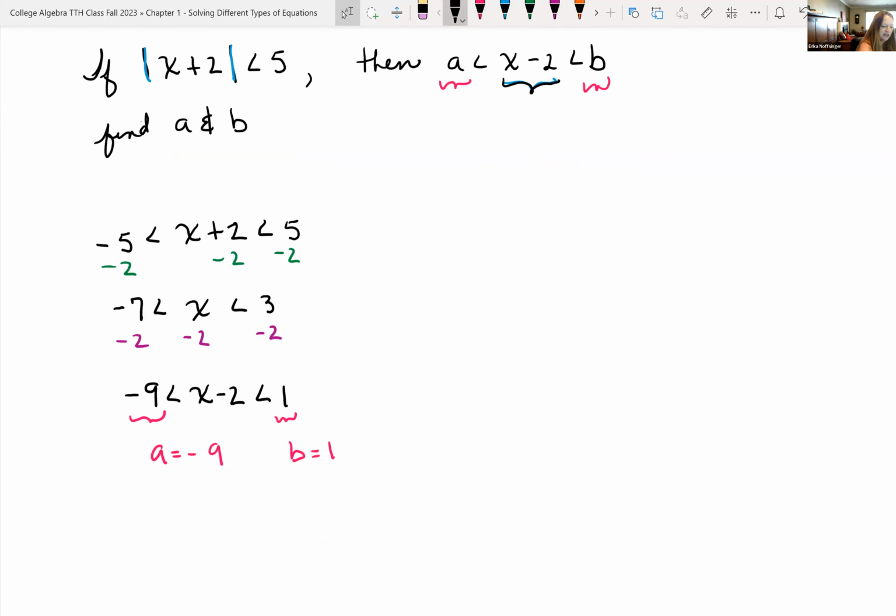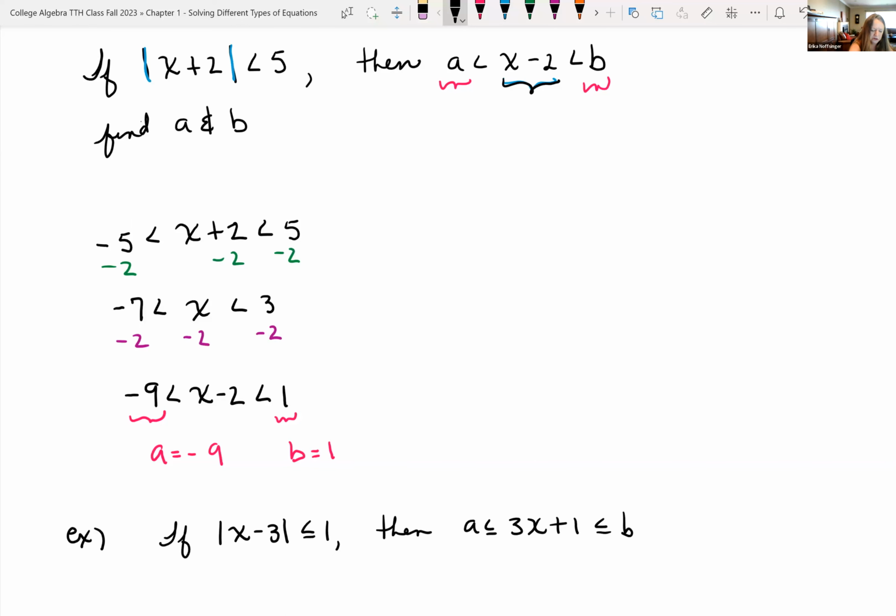So one more, let's look at one more similar to what we just did. This time we're given that the absolute value of x minus 3 is less than or equal to 1, then we're given that a is less than or equal to 3x plus 1, which is less than or equal to b.